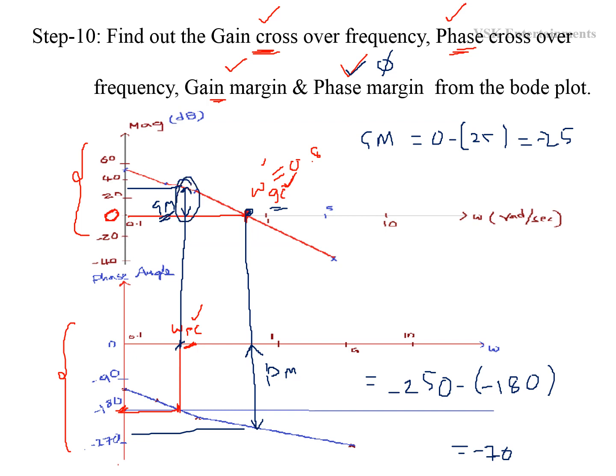The formula is 0 minus the resultant magnitude at omega pc, that is minus 25. Similarly, for phase margin, we find the additional angle at the gain crossover frequency. The formula is the resultant phase angle minus of minus 180, so minus 70 degrees.